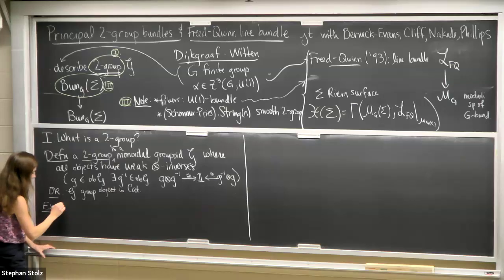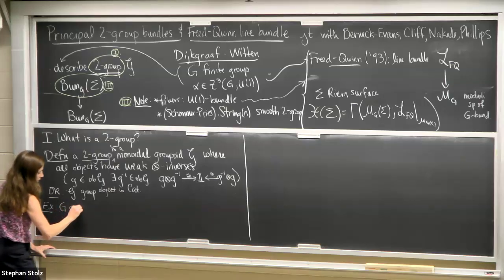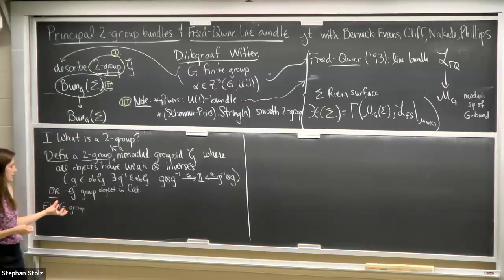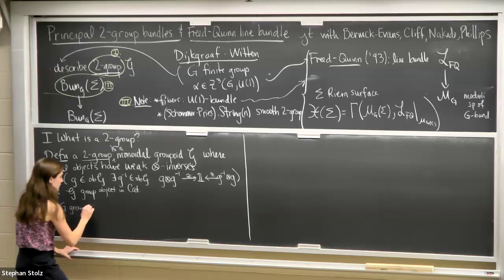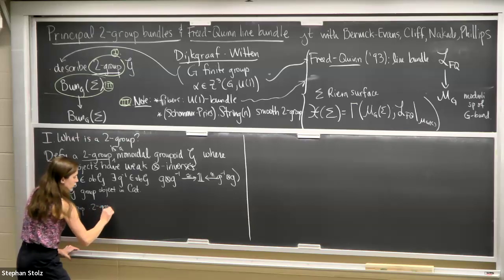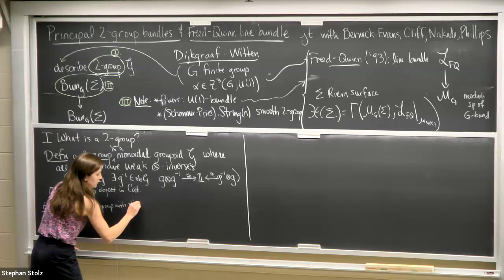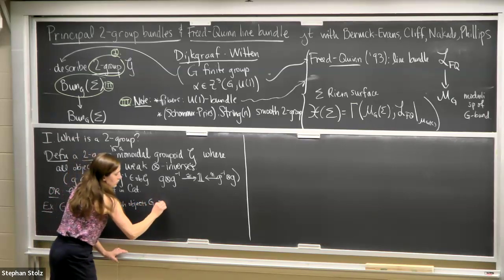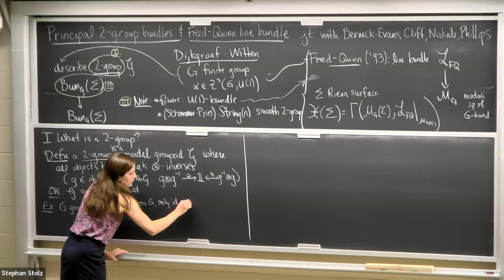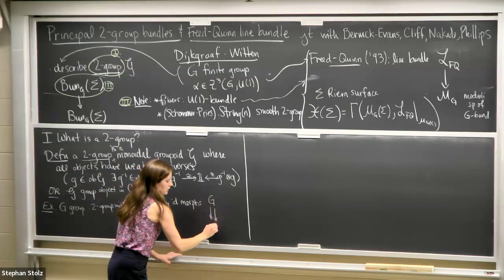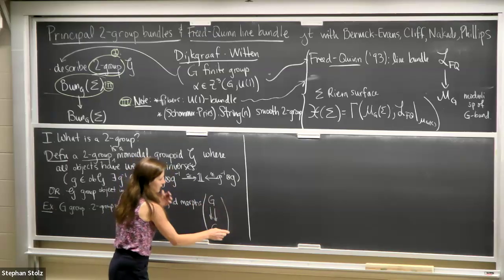Okay, so if you have an ordinary group G, you can think of it as a 2-group in a trivial way, where the objects are given by the group G, and you only have identity morphisms. This is internal category notation.